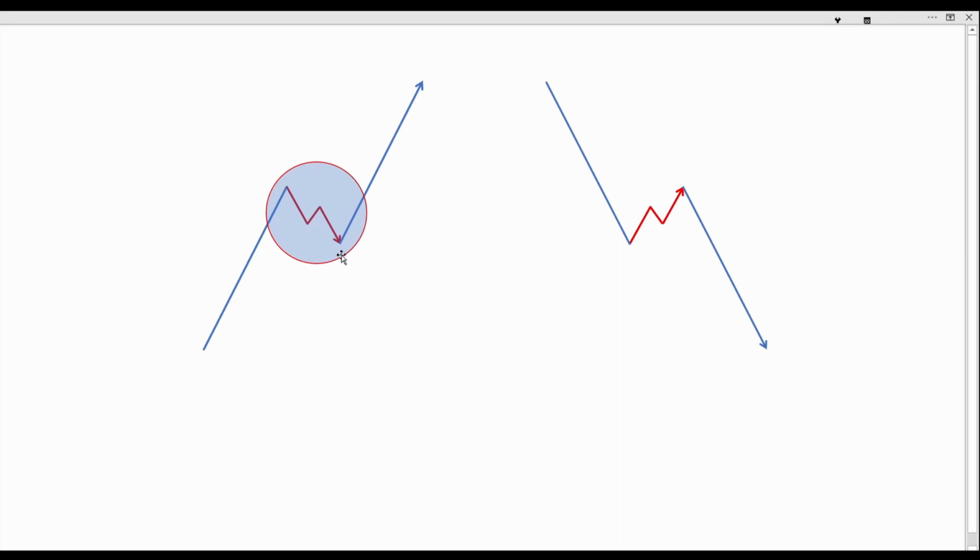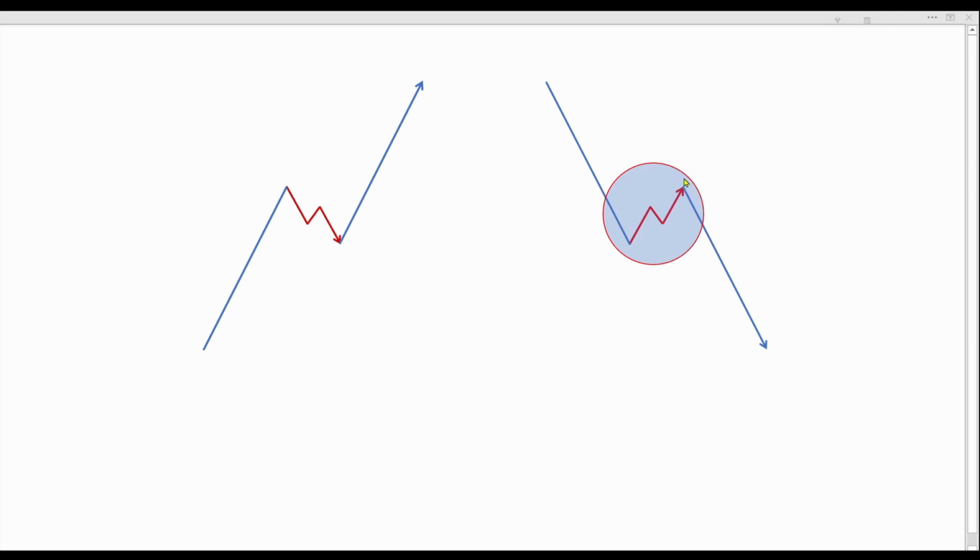And it's the same thing in a downtrend. We look for an initial impulse down, then we look for a two-leg pullback, which is a retracement here, and we're going to look at this point to enter. This is our entry point.